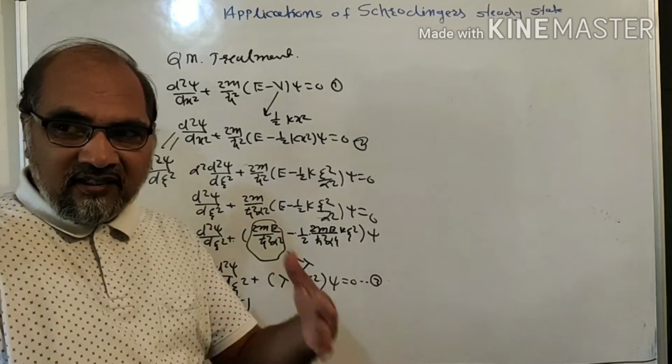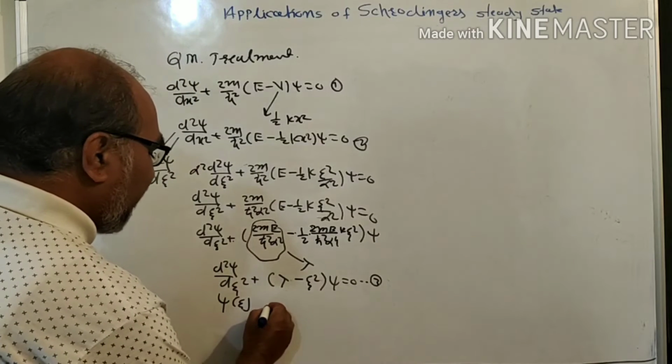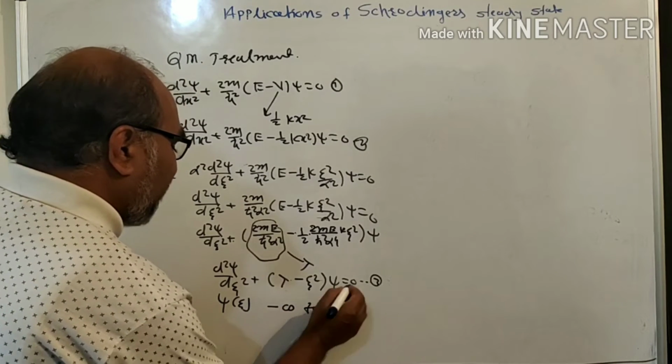Now the solution of this differential equation, that is ψ(ζ), must be acceptable over the range minus infinity to plus infinity.